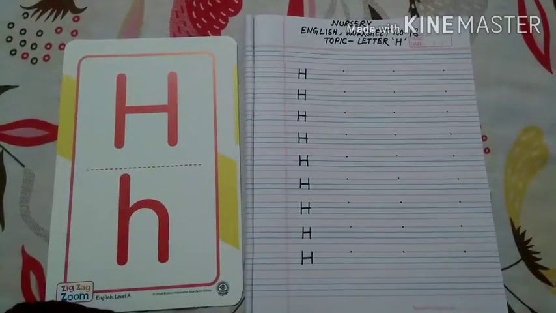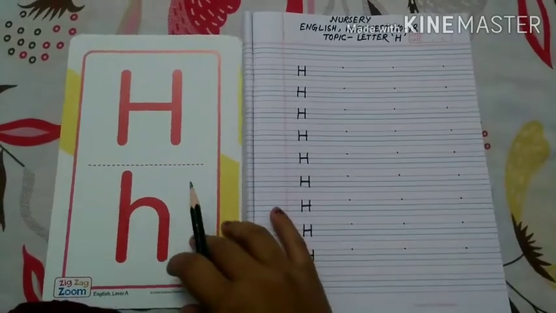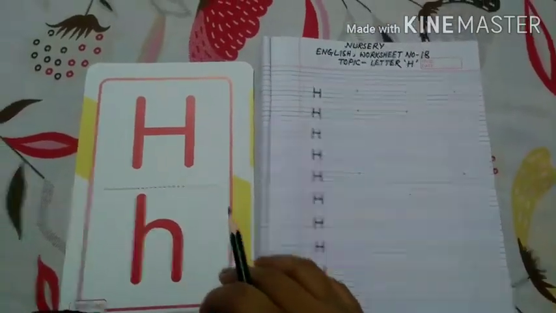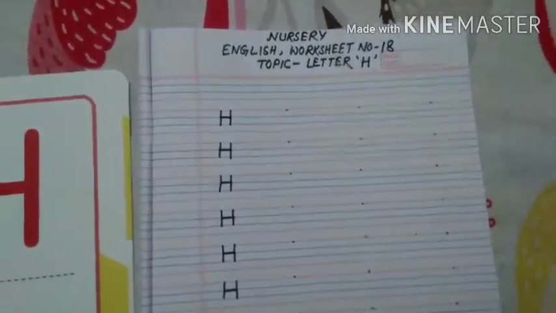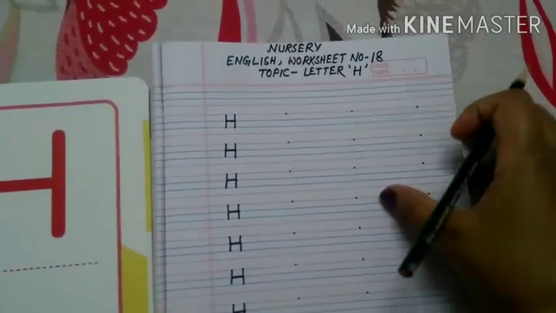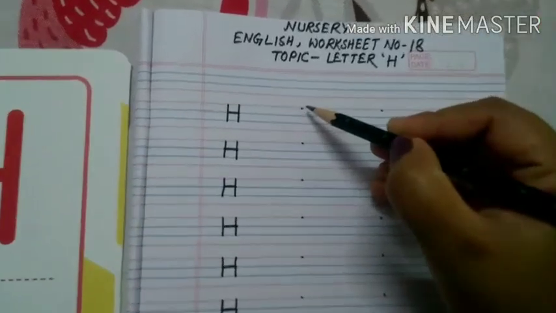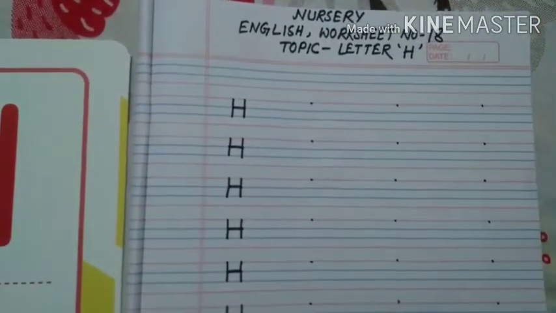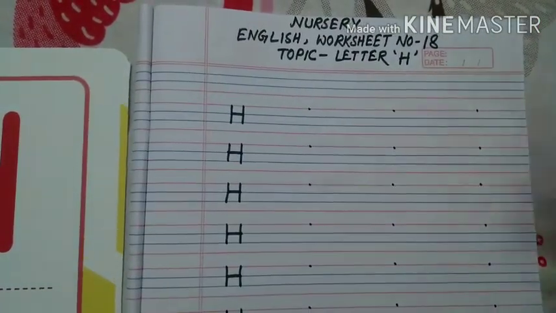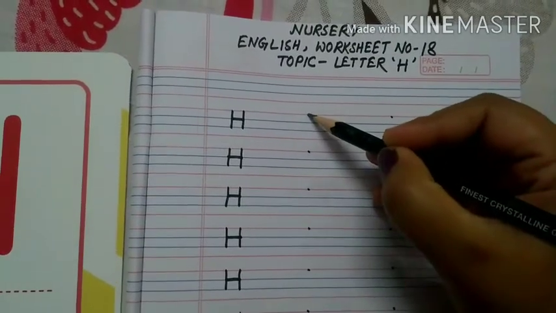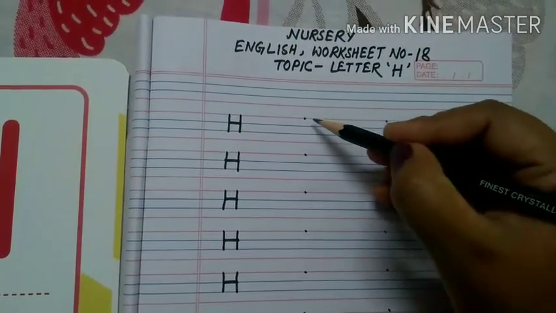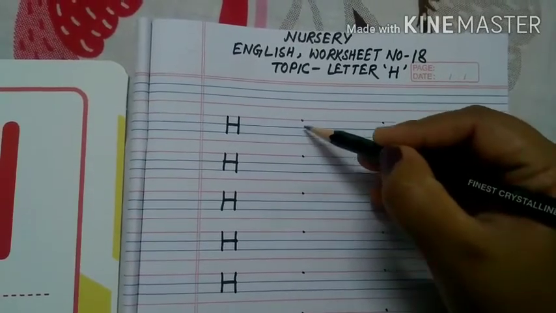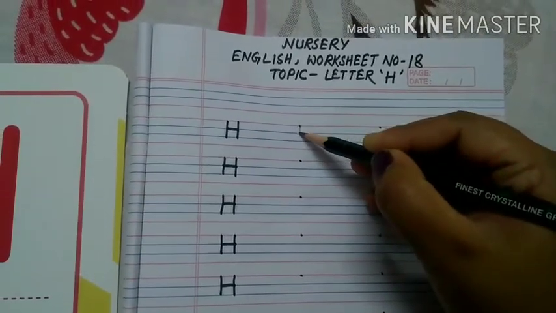And now we will learn how to write the letter H. Okay, so let's start. At first, go to the top of the red line, then draw two standing lines, one after another, from the first line to the third line, like this.